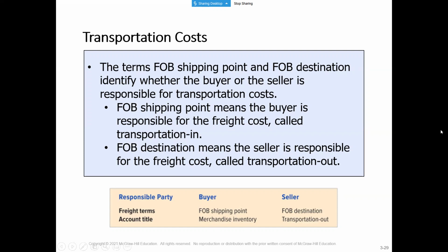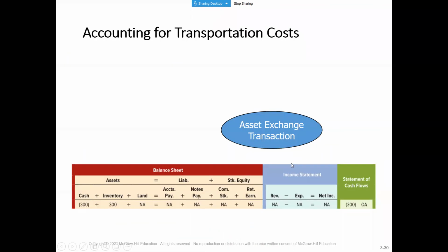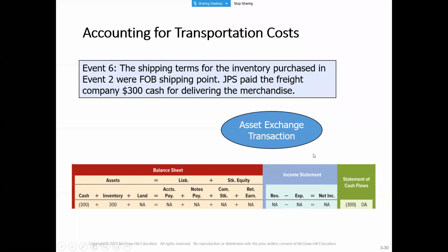And it would be an expense to the seller labeled as an account called transportation out, which is just a selling and administrative expense. And we actually saw a revisit of that in chapter 6.